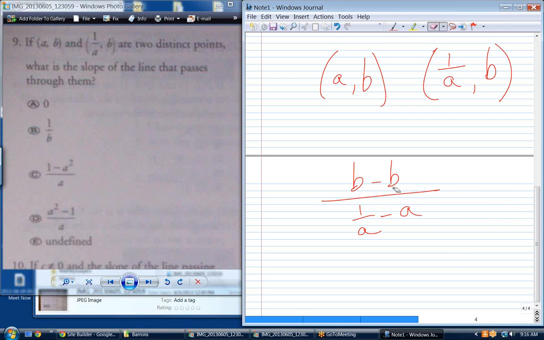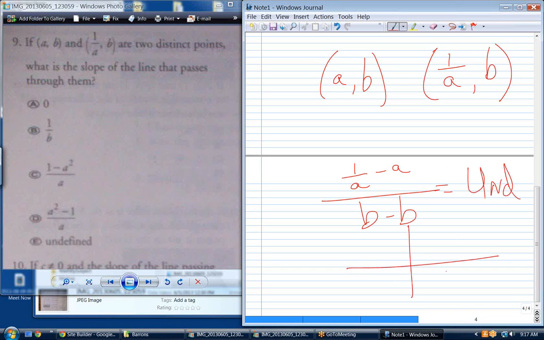And if they had it, what if it was the reverse? What if they said, what is the slope of this? Then it's undefined because of the denominator being 0. Correct. What does an undefined slope look like? It's a vertical line.